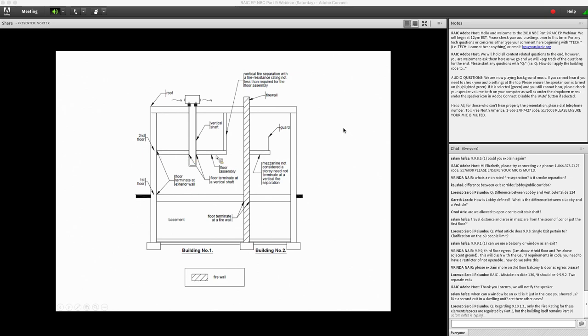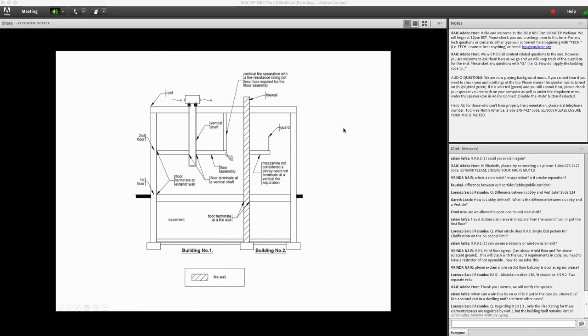On the second story, just for illustration purposes, the left side is terminating at a vertical shaft, and the right side, which is not terminating at the firewall or at the exterior wall, is actually terminating at a vertical fire separation required to have a fire resistance rating.